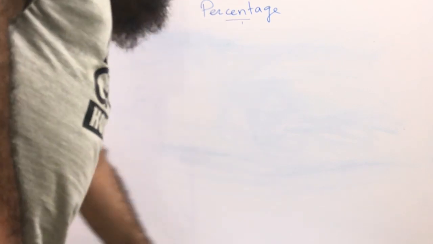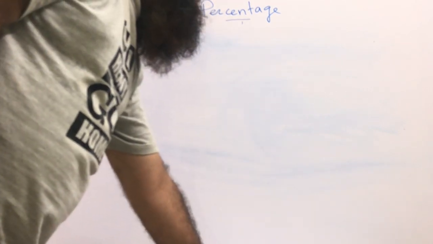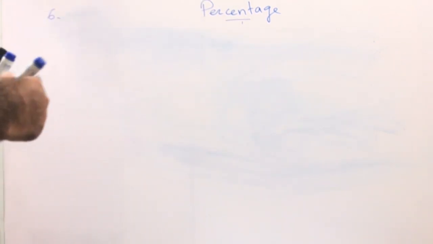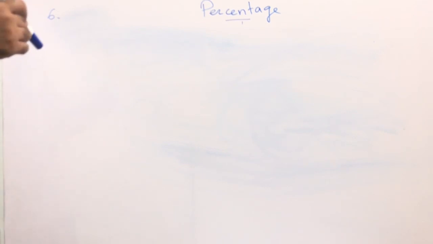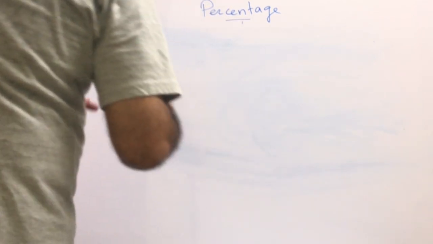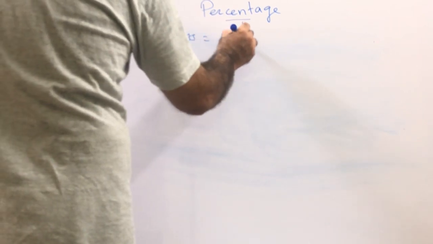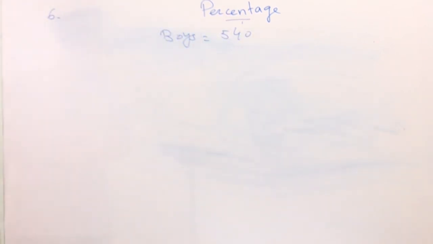Number 6. In a primary school, 55% of the pupils are girls. There are 540 boys in the school. How many pupils are there in the school? So see, here we have the number of boys, 540. It is given that 55% of the pupils are girls.